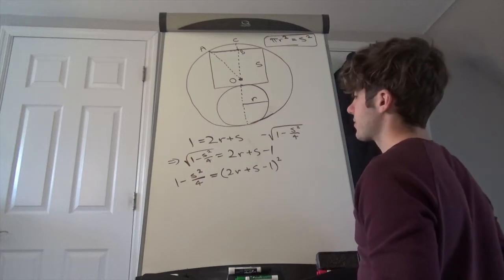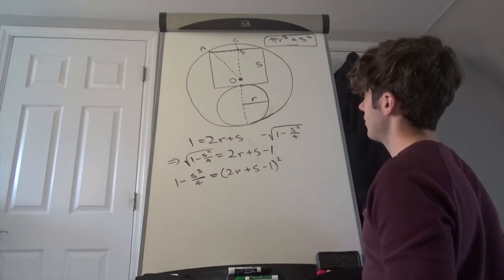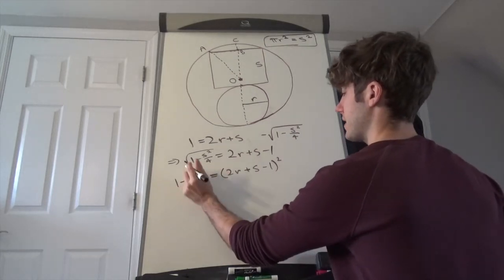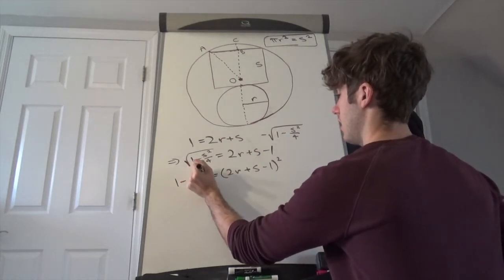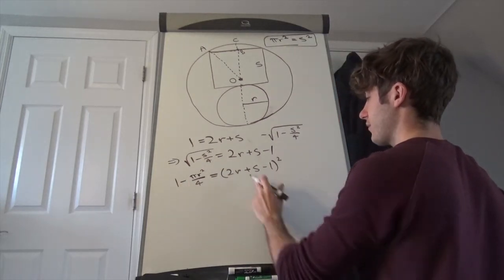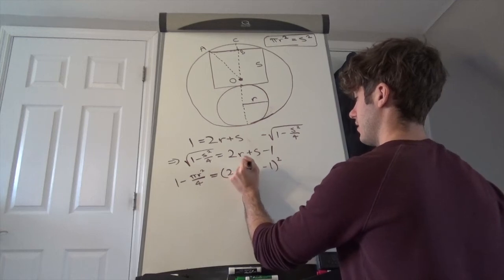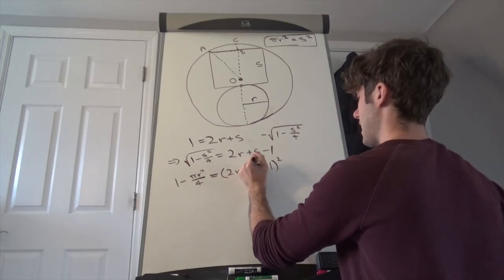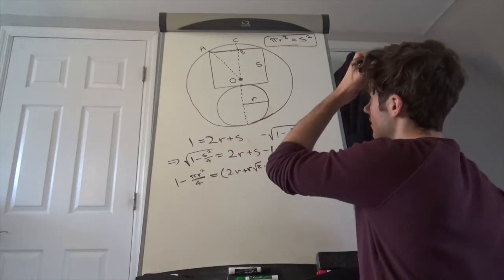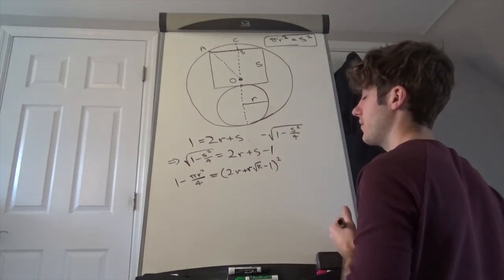So what we're going to do is replace s squared with pi r squared. So this tells us that we can just replace this with pi r squared, right? And we can replace s with r times the square root of pi, because that's what it is. And we're just going to take the positive answer.